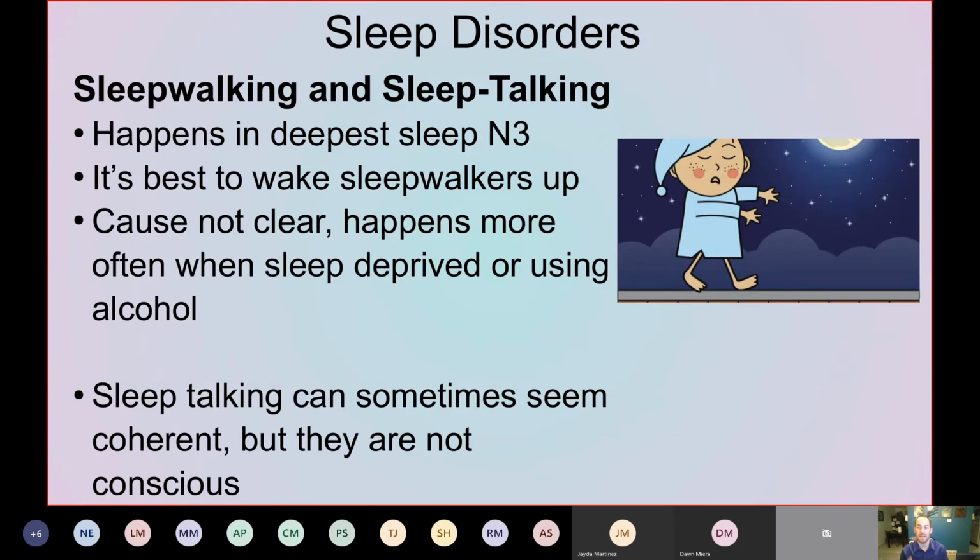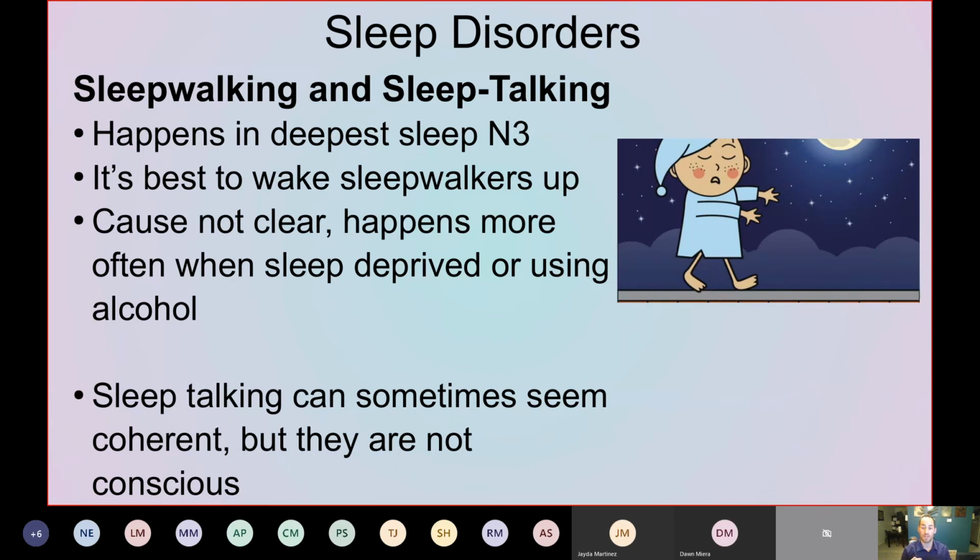So sleep talking is tied to the subconscious, not in the Freudian sense. Sleep talking is tied to the subconscious in the fact that you have processes. Talking for humans is a really habitual process. We talk a lot, we communicate a lot, we listen, we respond. So our neurons are really good at doing that.